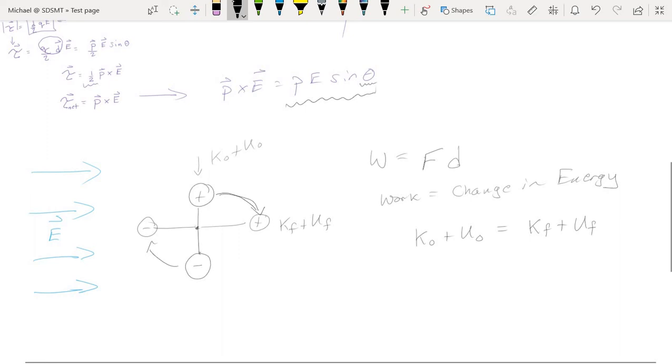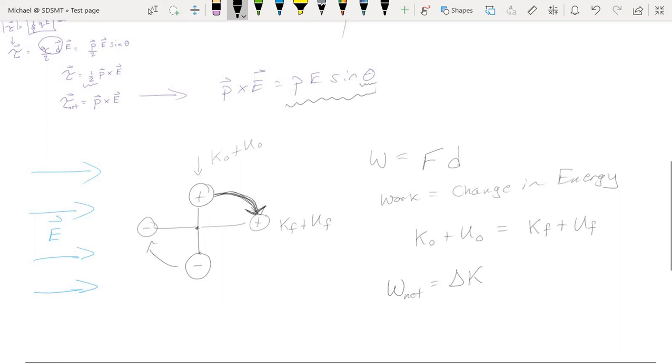Now, as our force is applied to our dipole, as we're displacing, one of the things that we really focused on in Physics 1 is that all the work that's done changes the kinetic energy of the object.